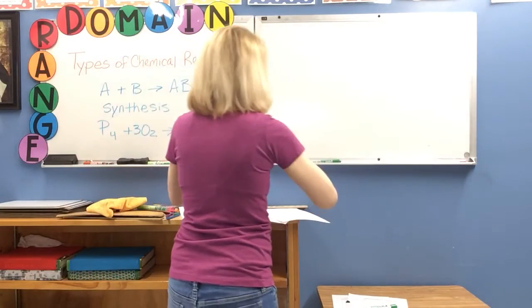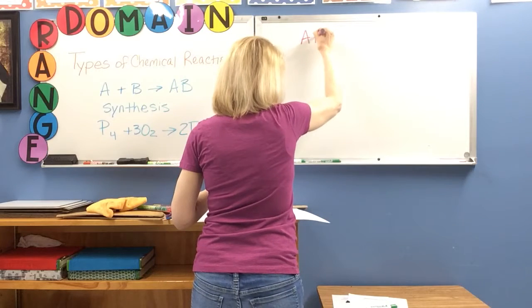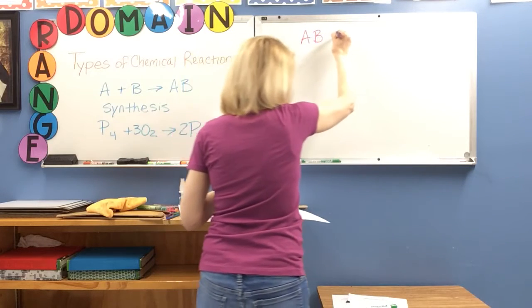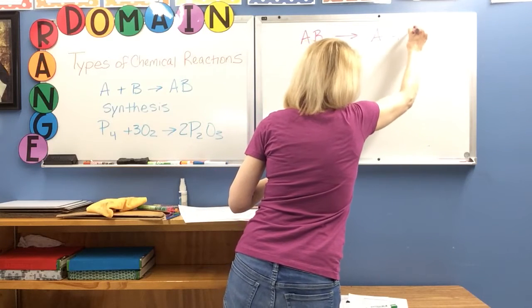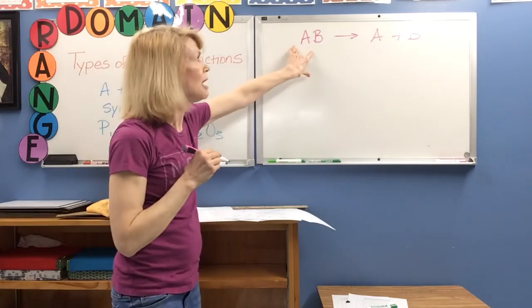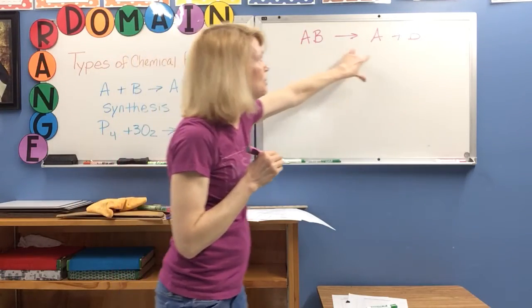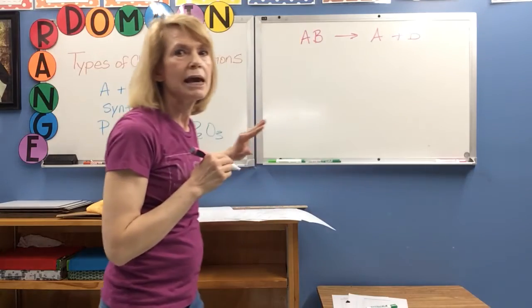Another kind of reaction, a basic reaction, would be having AB as a reactant and it breaking down to A plus B. So you've got this compound in your reactants and your products are 2 separate atoms, okay?